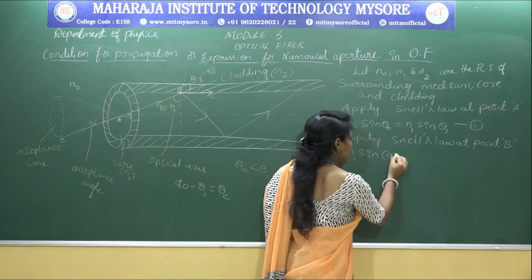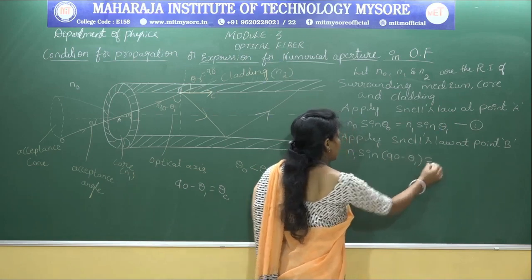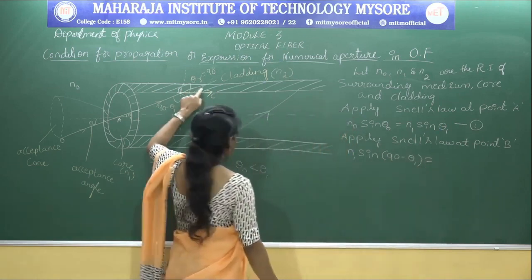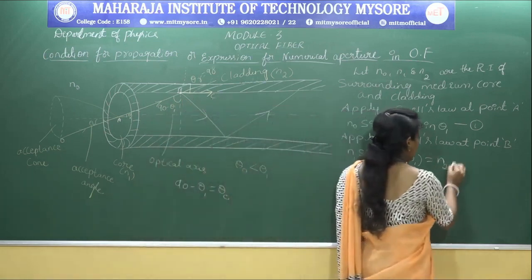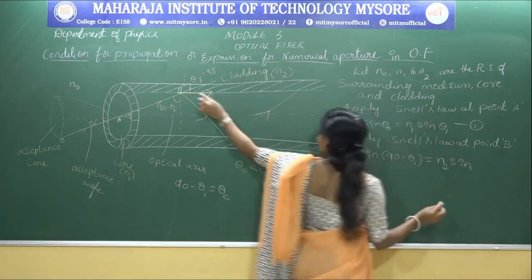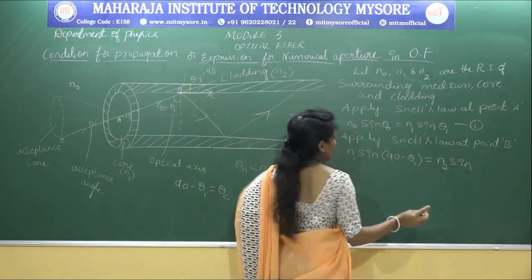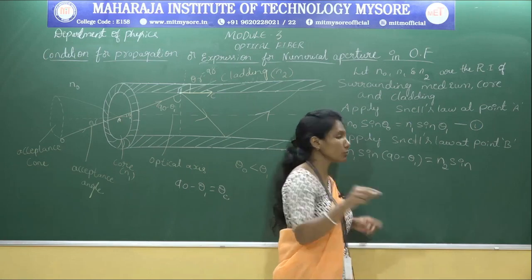This is equal to the ray passing into the cladding, so n2 sin of the angle it forms when the ray is interfacing between the two media.